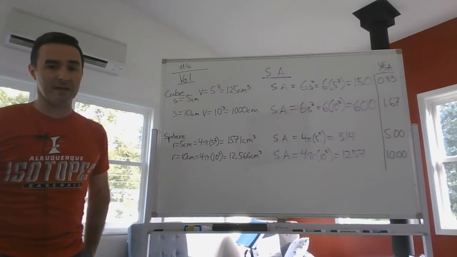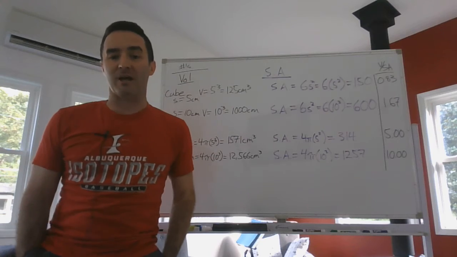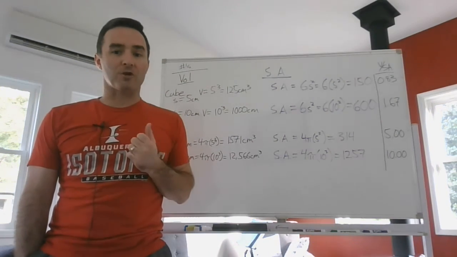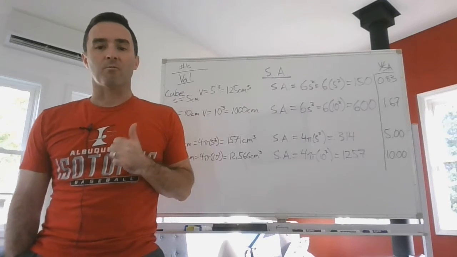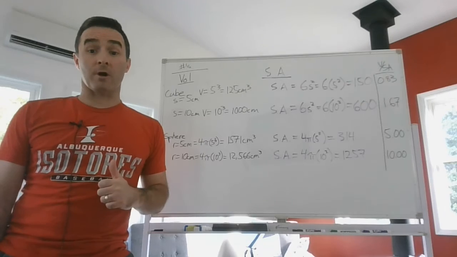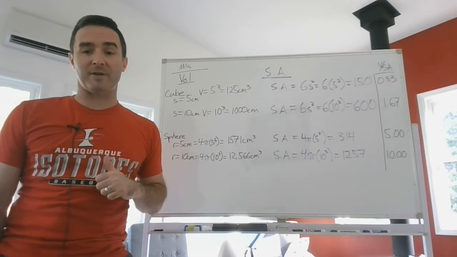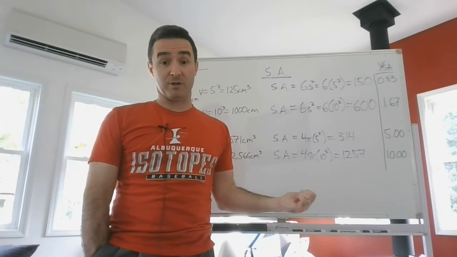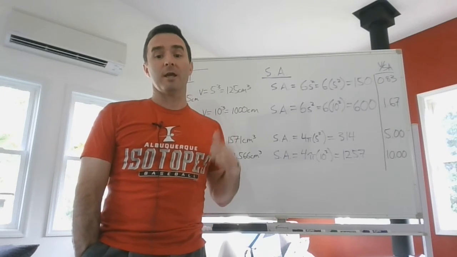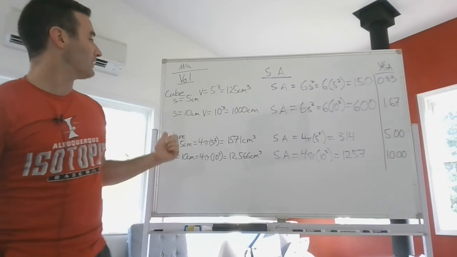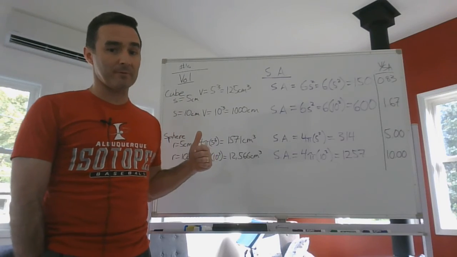So what does this mean? Well, think if you're a small cell and you're trying to get waste out of the cell and things back in, or if you're an active cell and you're trying to mitigate heat and get heat away so you can keep at a constant temperature and cool off. What happens if your volume goes up?